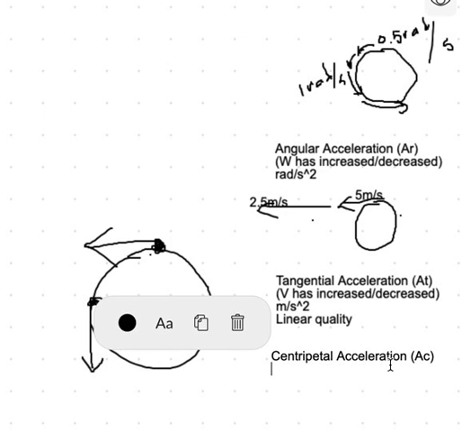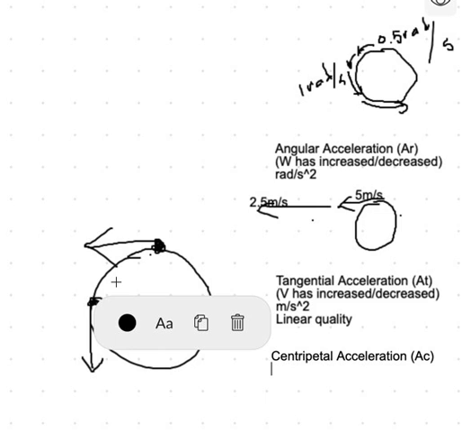We can't have an object moving in a circle that doesn't have centripetal acceleration, because this centripetal acceleration is caused by the change in direction of the velocity. If the velocity is not changing direction, then this object's not moving in a circle. It's moving in a straight line. So centripetal acceleration is the only one that you have to have in order for an object to be moving in a circle.